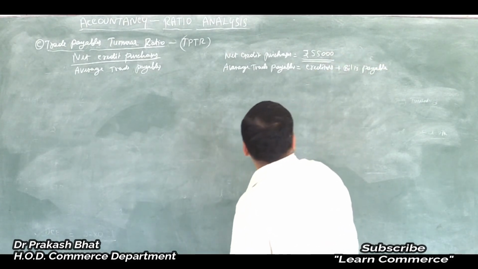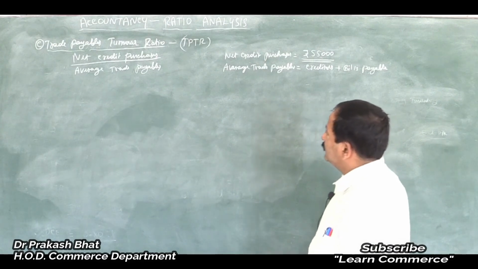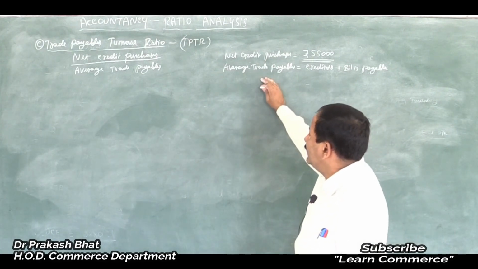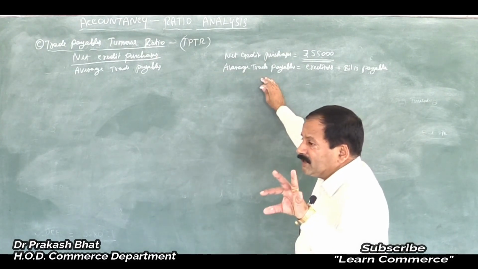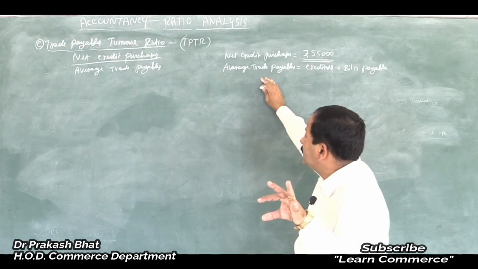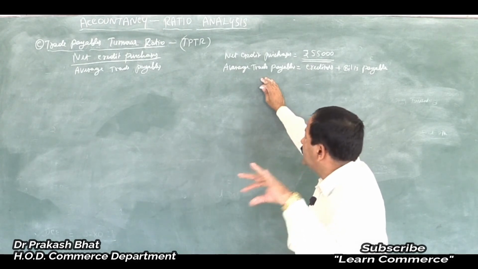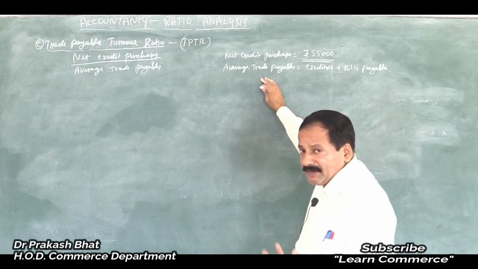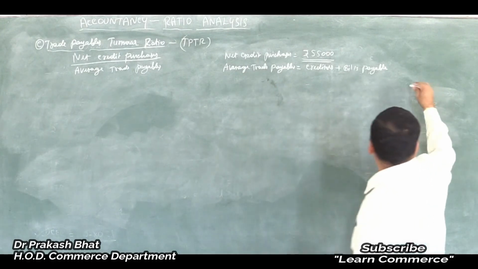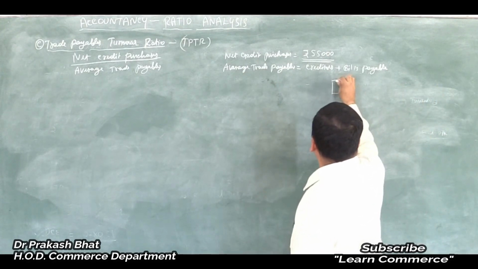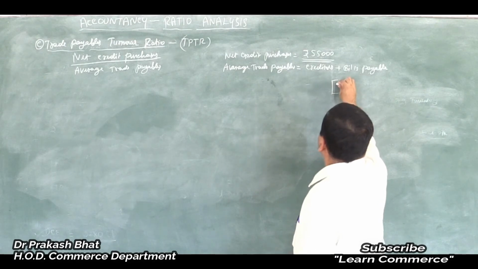Normally the formula is: average trade payables is equal to opening creditors plus opening bills payable plus closing creditors plus closing bills payable, divided by 2. I will write this formula.